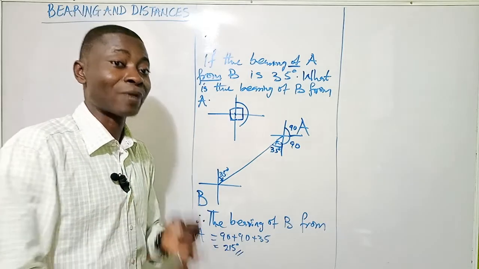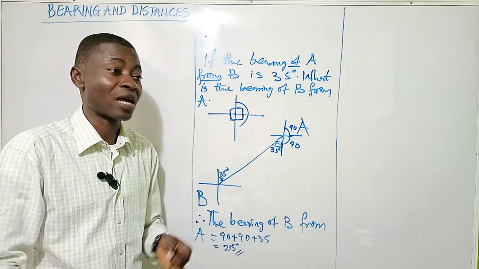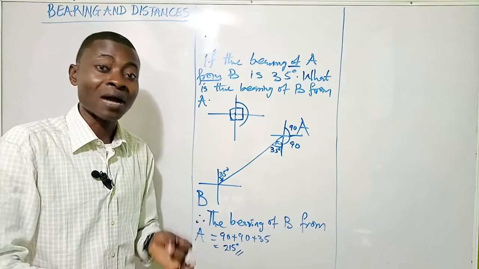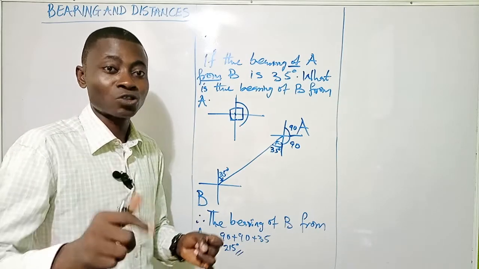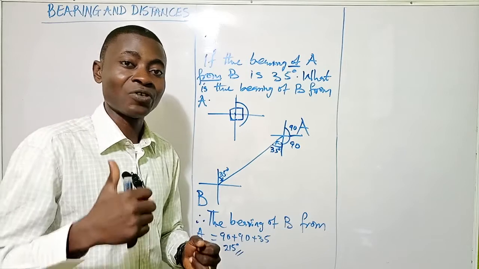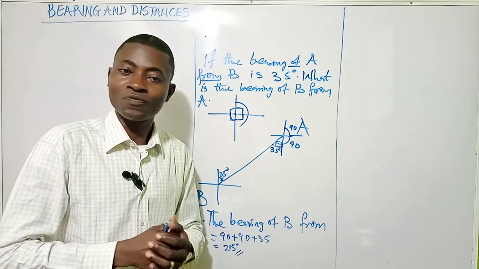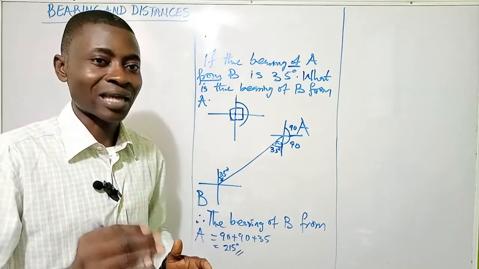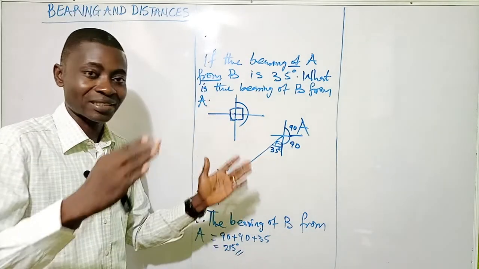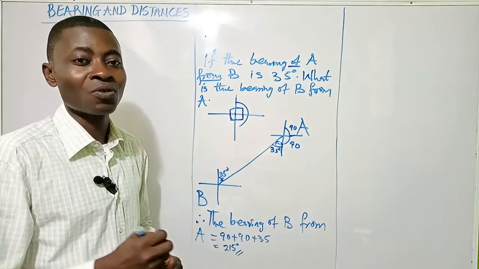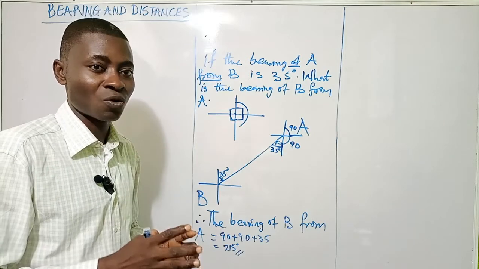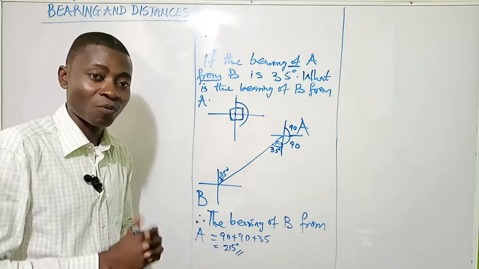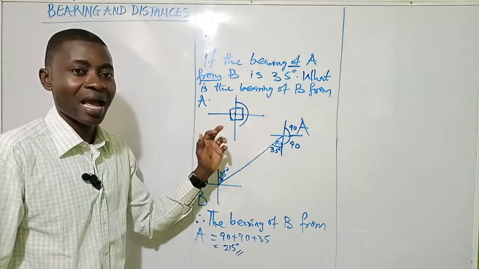If you don't know how to apply the cosine formula or the sine formula to calculate the sides or the angles of a triangle, I will encourage you to check our videos. We've uploaded good videos with full explanation on how you can apply cosine rule and sine rule to find the sides and the angles of a triangle. We will also be applying that formula under bearing and distance.